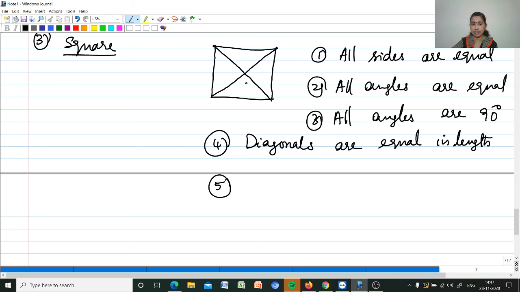They bisect each other, meaning they touch at the midpoint. These lengths are all equal. So the diagonals of a square bisect each other.